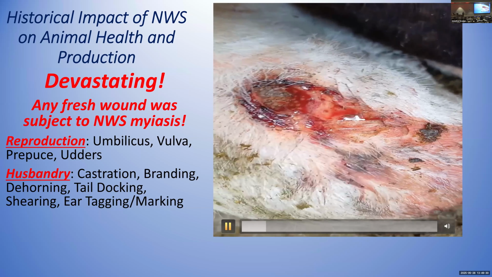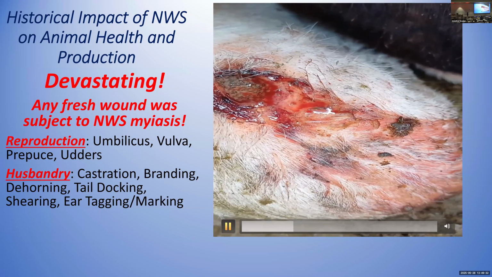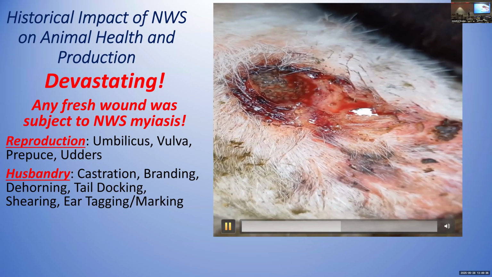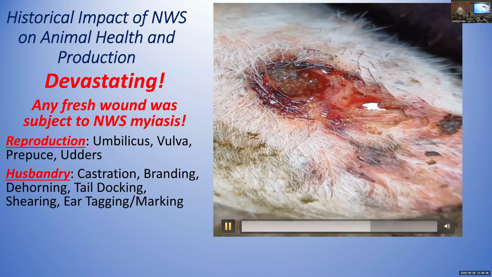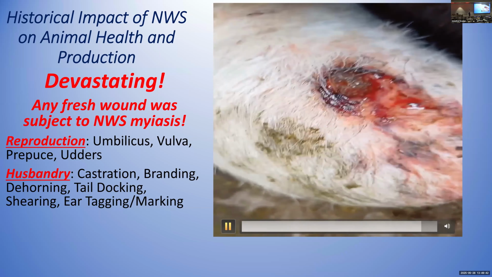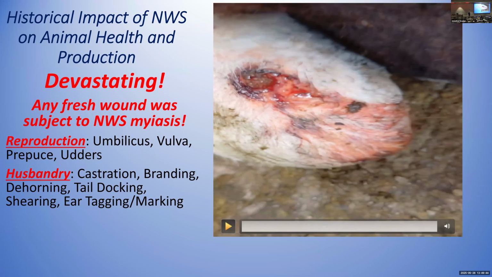That's the umbilicus on a Brahman cross calf. Think about that. That's the first wound that occurs in their life, their umbilicus. Think about the cow's vulva, bound to get a wound on it during parturition, during calving.